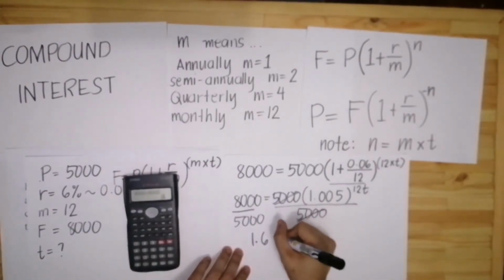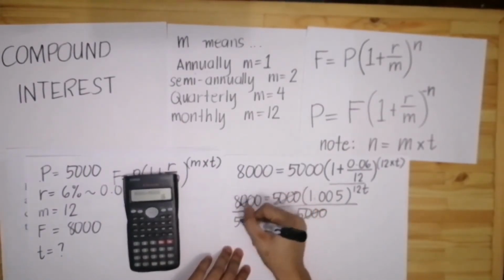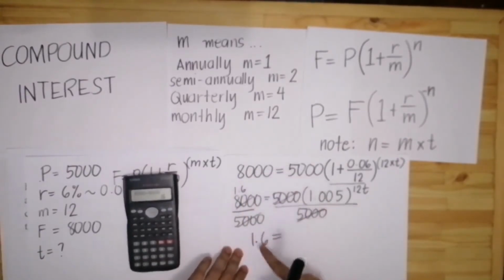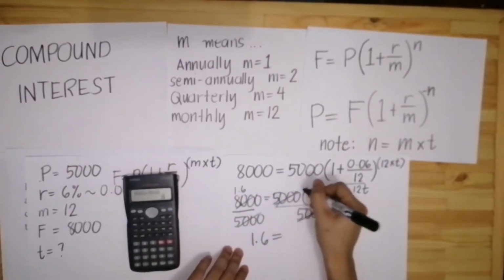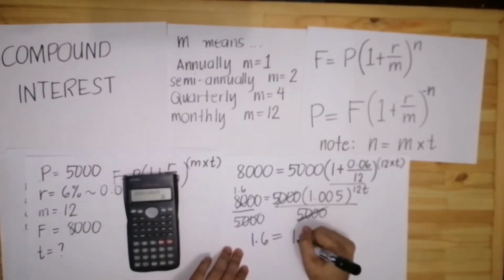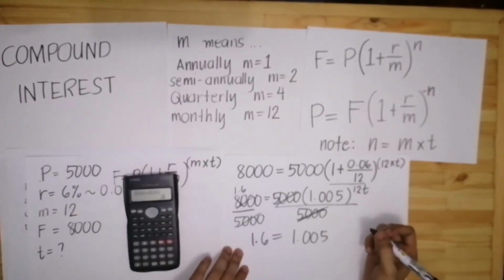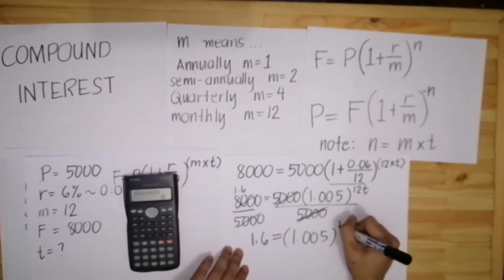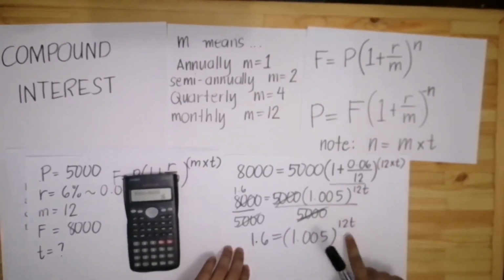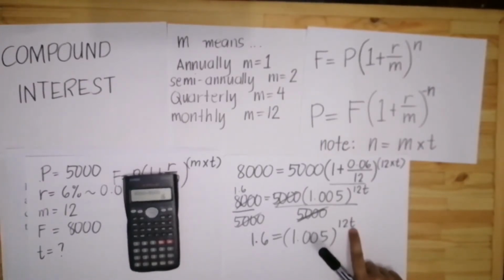So wala na to, that will become 1.6. Then ito wala na, cancel na yan. Matitira ito, 1.005 raised to 12t. Kapag nawawala yung exponent, di ba exponent yung time dito, gagamit kayo ng logarithm.